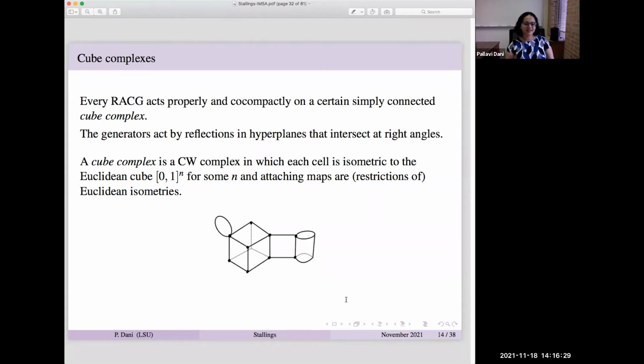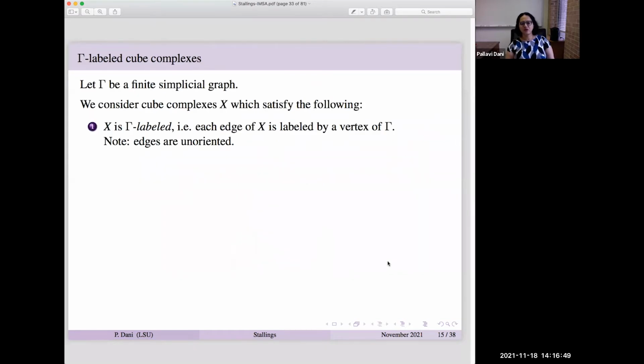A cube complex is simply a CW complex in which each cell is isometric to the Euclidean cube of some dimension, and the attaching maps are restrictions of Euclidean isometries. So something like this. You're allowed to have loops and cylinders and things like that, but each cell is a cube. So what are the objects that are going to generalize graphs?